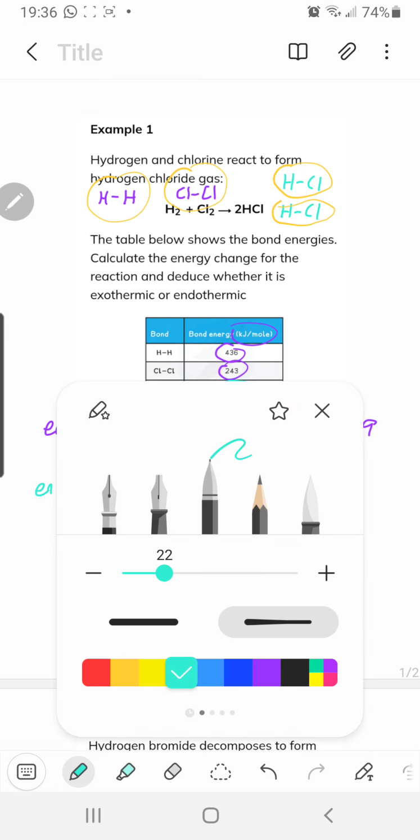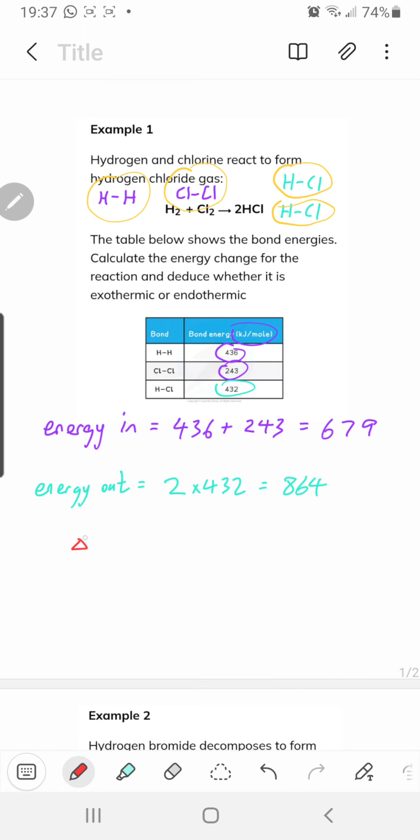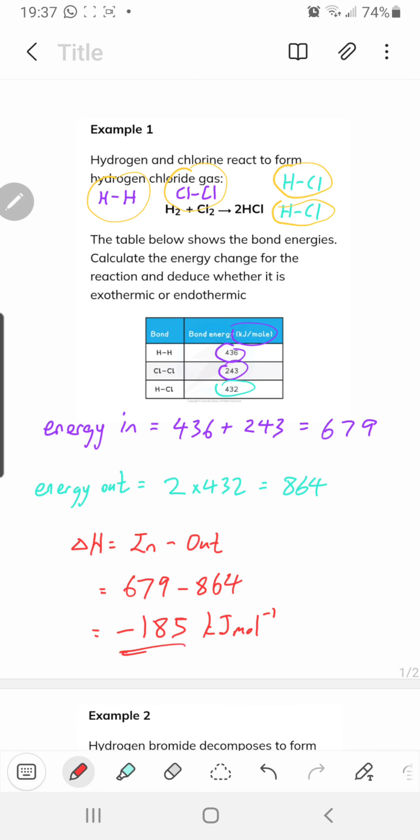Okay, so then the overall energy change is energy in, take away out. Okay, so in is 679 and out is 864. We have a negative answer, so it should be negative 185. And this time definitely write down your units. It's a good habit to write units here as well, but I'm just making a quick video.